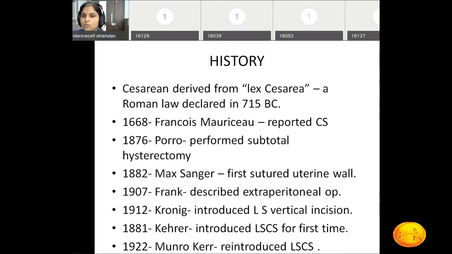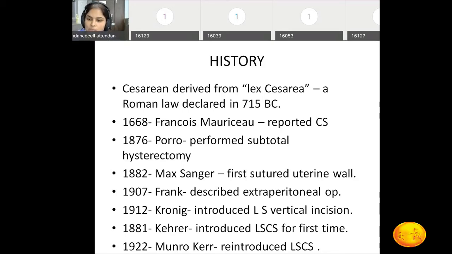In 1668, more people started making trials of cesarean section. Francisco reported cesarean sections. In 1876, Porro performed subtotal hysterectomies, and in 1882 Max Sanger first sutured the uterine wall. In 1907, Frank described the extraperitoneal method of cesarean section. In 1912, Kronig introduced the lower segment vertical cesarean incision.